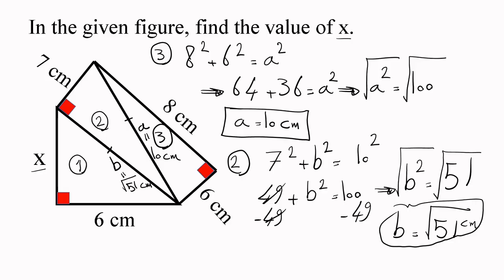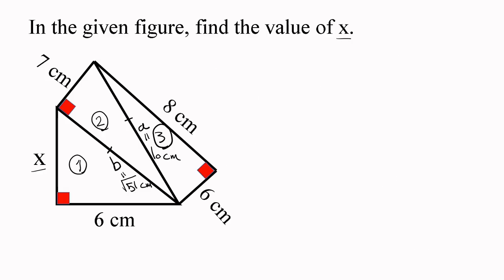Okay, let's erase the board to make some space for myself. Finally, now I can go for the first triangle and find the value of x. Because I have this value, b is equal to radical 51, and this one is 6. I'm gonna write x squared, one of the legs, plus 6 squared is equal to radical 51 squared.